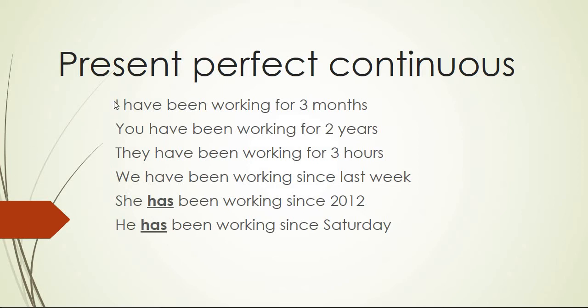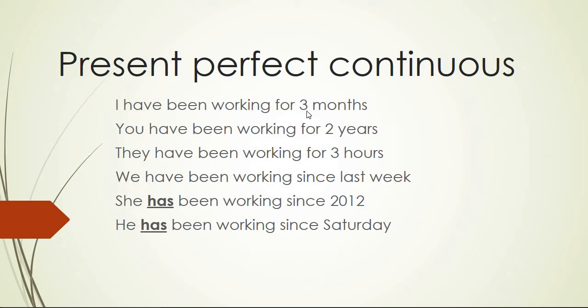So you can see I, you, they, we use have. She, he uses has. And we've got for and we've got since. So an easy rule to remember, with some exceptions of course.